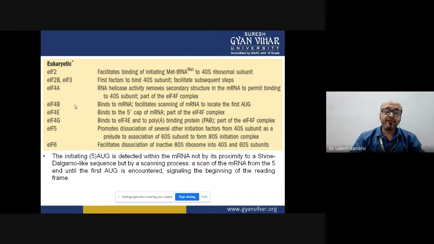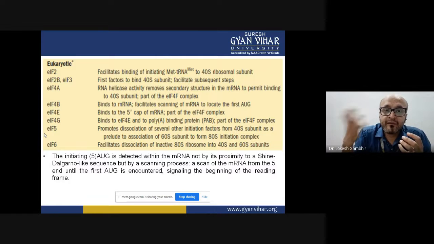Then we have another initiation factor which is very important in my terms in case of translation in eukaryotes, that is IF5. Now this IF5 goes and binds to the small ribosome unit. Then what does it do? It promotes the dissociation. Once a signal is given that the big ribosome unit, that is 60S, will be coming and completing the complex, it requires a place to bind.